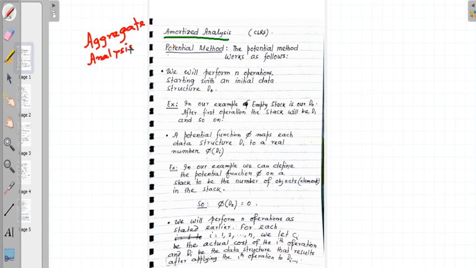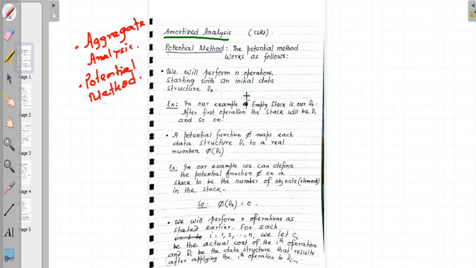We have discussed that there are several methods with which we can proceed for amortized analysis. One is aggregate analysis and another is the potential method. So that potential method we will discuss today, right now.